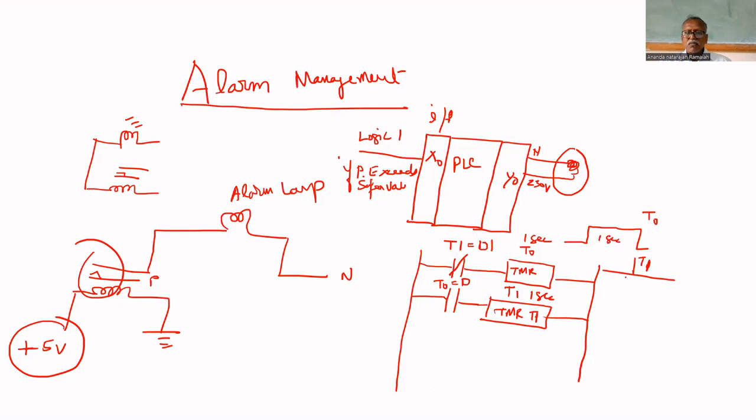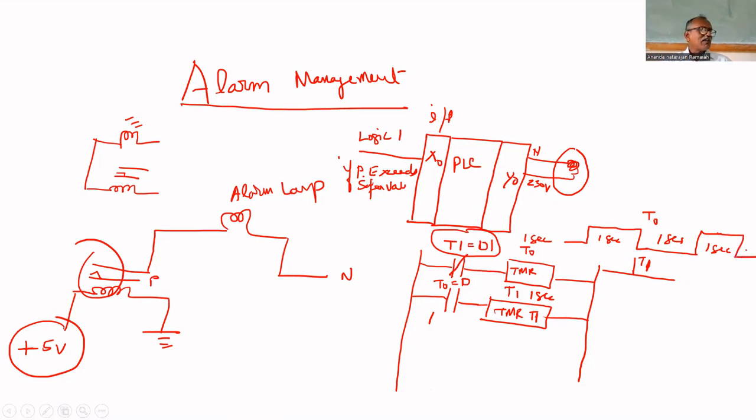At that moment, T0 becomes 0. Again, the signal becomes 1. That's why after 1 second, this will turn on again, because it is an on delay timer. After 1 second, T1 will become 1 again. Till then, this T0 will be 1.